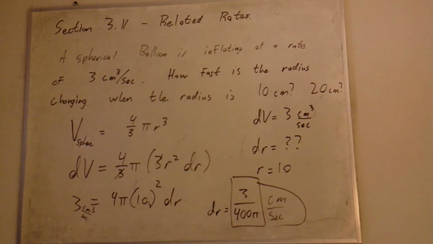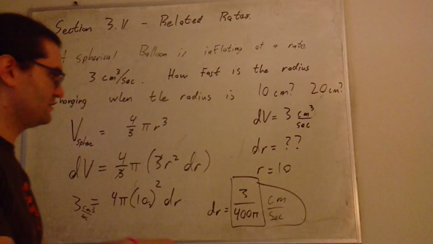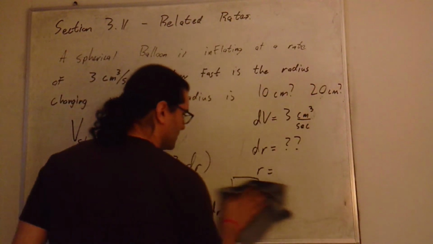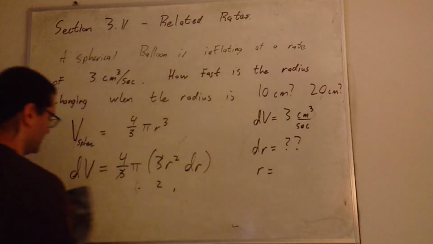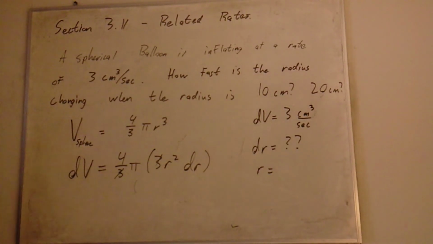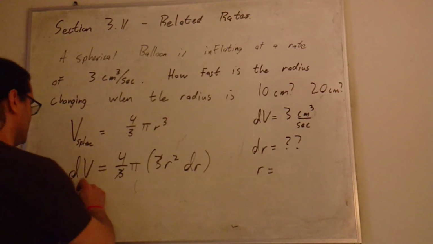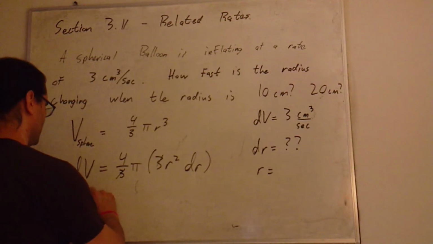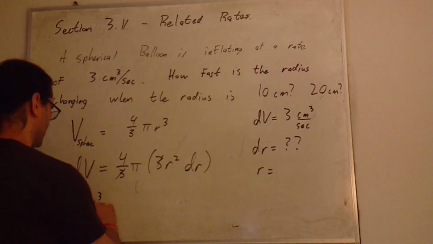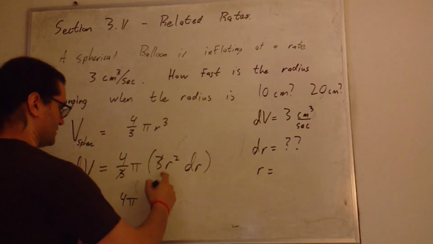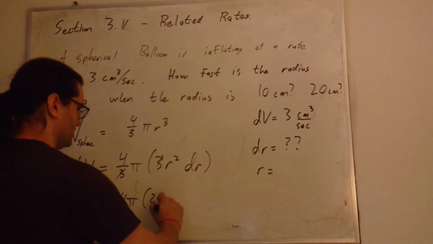If we do this again when the radius is 20 centimeters, we can use our same related rates equation here. dV is still 3 cubic centimeters per second. 4 pi are unitless. R is now 20 centimeters.